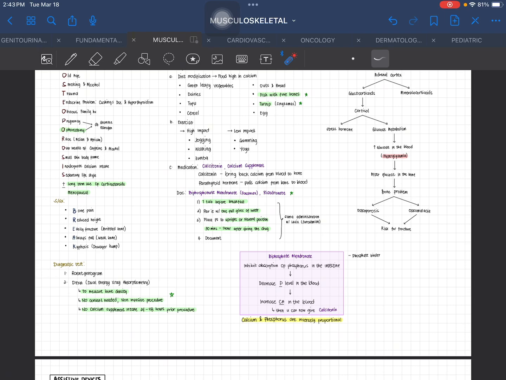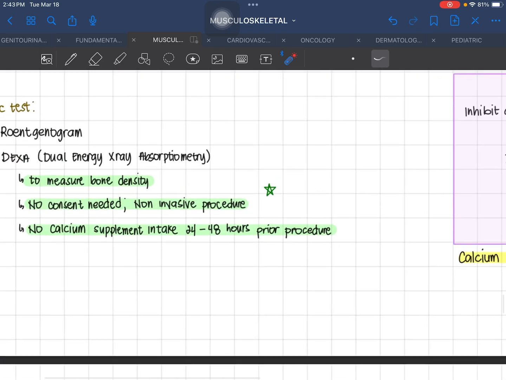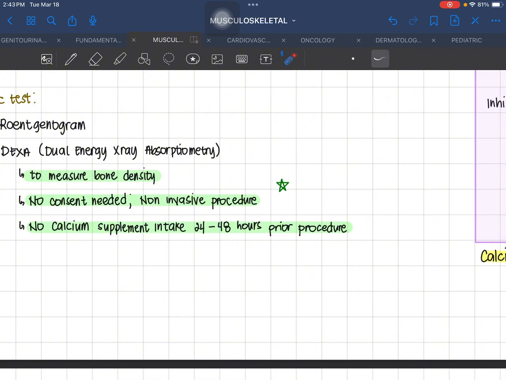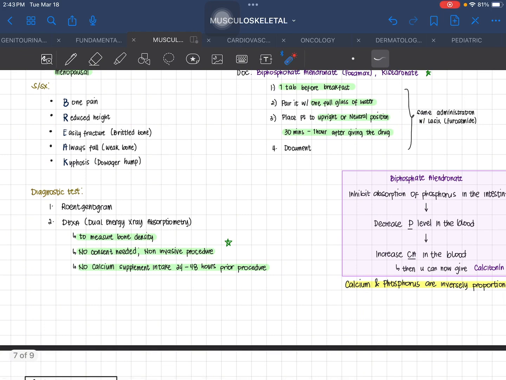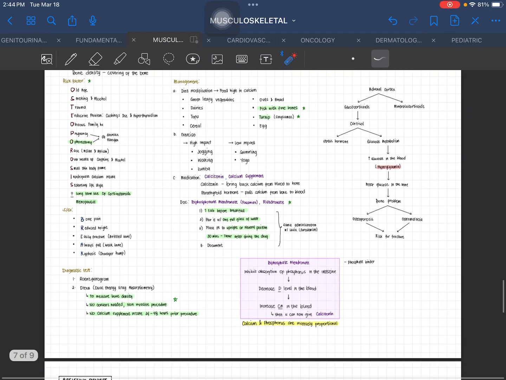So, in DEXA, hindi na kailangan ng consent dahil it is non-invasive procedure naman. And then, bawal ka mag-take ng calcium supplement 1 to 2 days prior to procedure. O di ka 24 to 48 hours. Kinonvert ko lang sa hours prior to procedure.